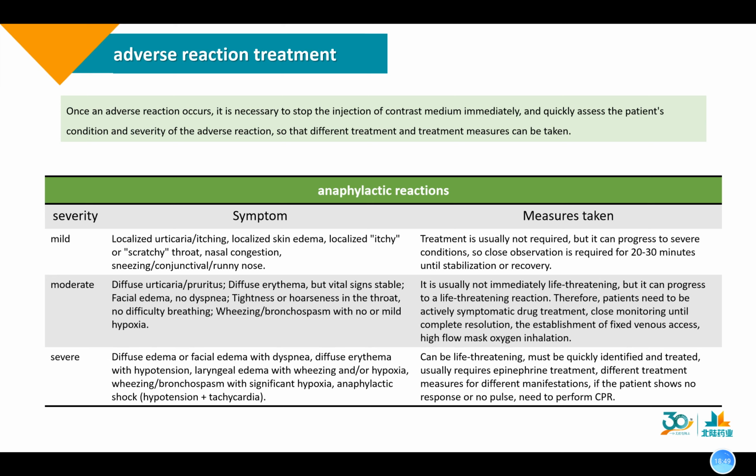Anaphylactic adverse reactions were classified as mild, moderate, and severe. The mild anaphylactic adverse reaction symptoms showed localized urticaria, itching, localized skin edema, localized itch or scratchy throat, nasal congestion, sneezing, conjunctivitis, runny nose.